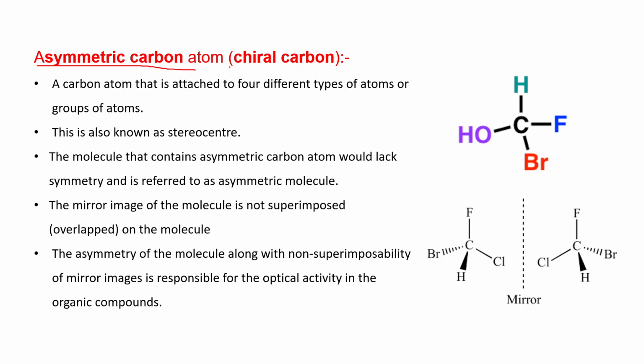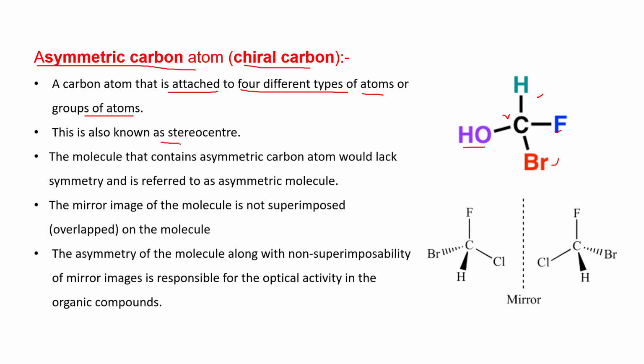Asymmetric carbon atom or chiral carbon. A carbon atom that is attached to 4 different types of atoms or groups of atoms is known as an asymmetric carbon. You can see this diagram. This carbon has 4 different atoms: H, F, Br, OH, all are different. That's why this carbon is known as asymmetric carbon or chiral carbon.